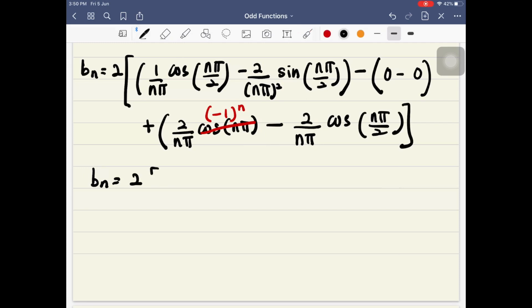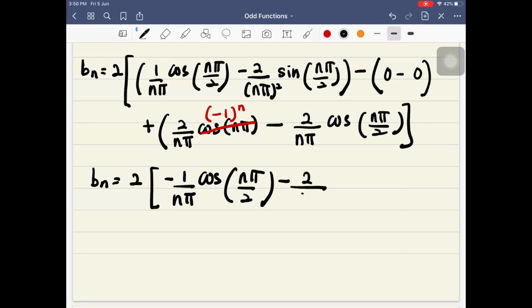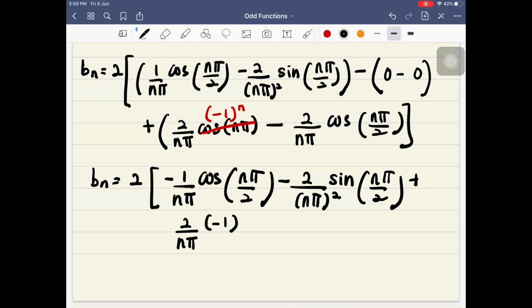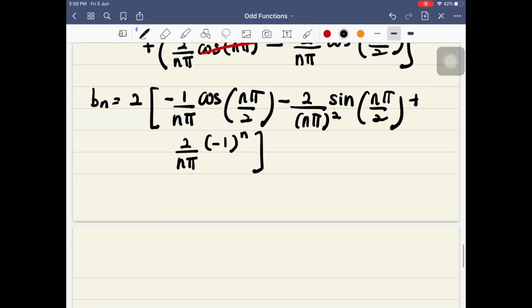So you will have negative 1 over n pi cos n pi over 2 minus 2 over n pi the whole thing squared sine n pi over 2 plus 2 over n pi negative 1 power n.